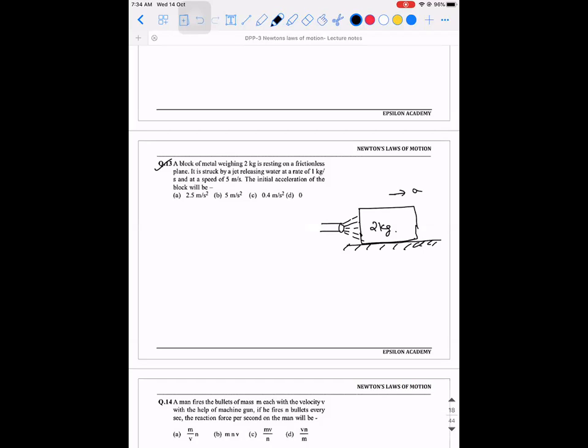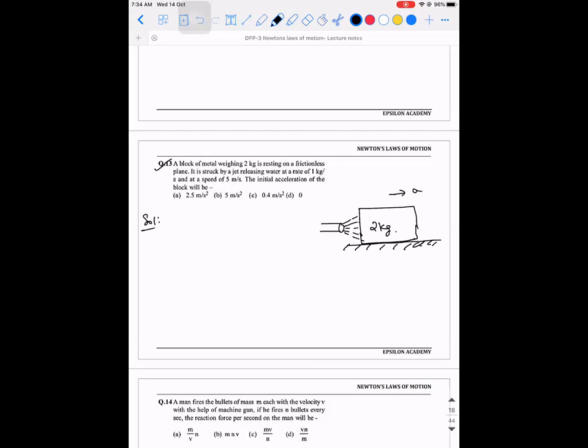So if you need to find the acceleration, we need to find the force. But to find the force, what is all the data that they have given? It is struck by a jet releasing water at a rate of 1 kilogram per second at a speed of 5 meter per second. Is there anything that you can relate to speed and mass? Sir, we can use m into v minus u by t. Yes, I can use m into v minus u by t, but observe.